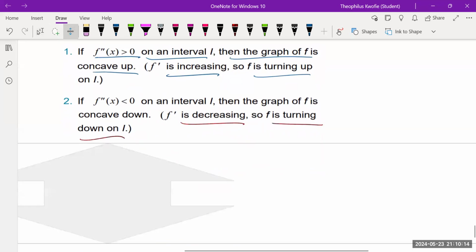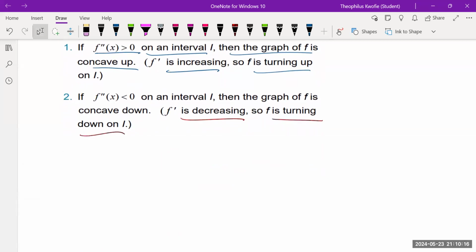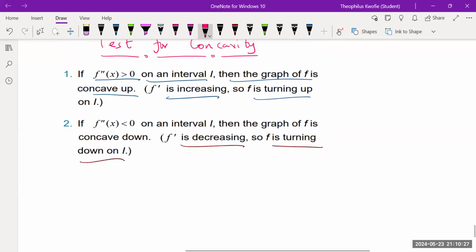So let me give you a little bit of some stuff before we look into that. Okay, so let's look at the first theorem.